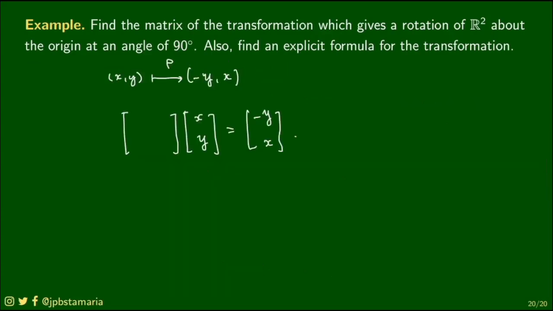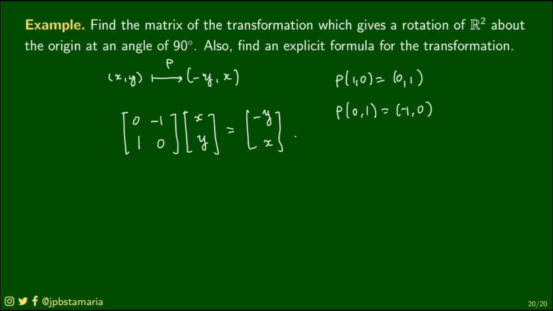So that's going to be (0, 1). No? Rho of (1, 0) is (0, 1). Rho of (0, 1) is (-1, 0). So if I place this in the first column, this in the second column, this is what I will get. You can verify that this multiplication will actually work.